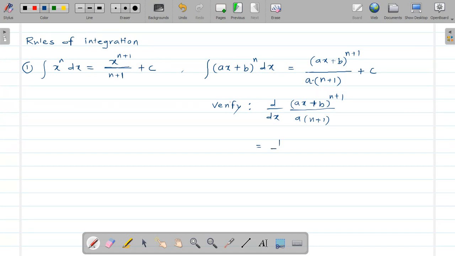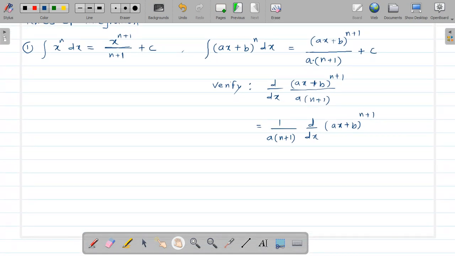See, 1 upon a into n plus 1 keep as it is. Now you have to take the derivative of which term? The derivative of ax plus b raised to n plus 1. Now you know how to get the derivative of ax plus b raised to n plus 1. It is equal to 1 upon a into n plus 1 into, now take the derivative of ax plus b raised to n plus 1.